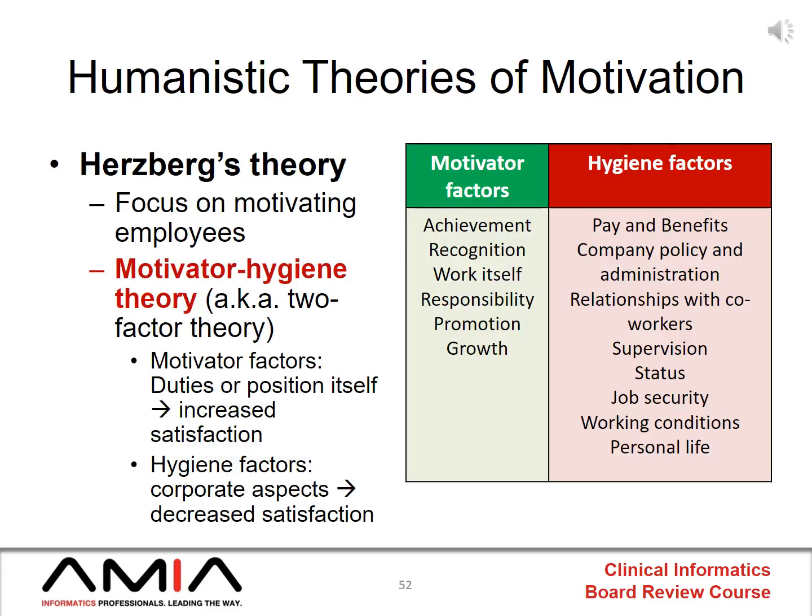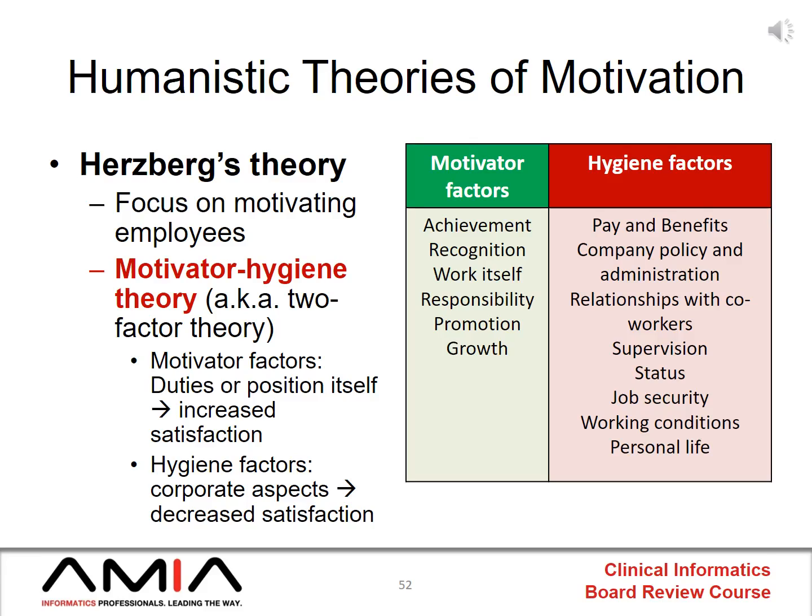Herzberg's theory is another humanistic theory of motivation which focuses on motivating employees. Herzberg's theory is also known as the motivator-hygiene theory or the two-factor theory. Between the motivator factors and the hygiene factors, you will probably be able to see some correlates between intrinsic motivators and extrinsic motivators.